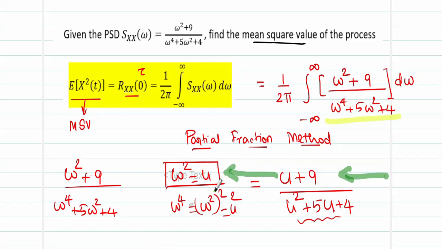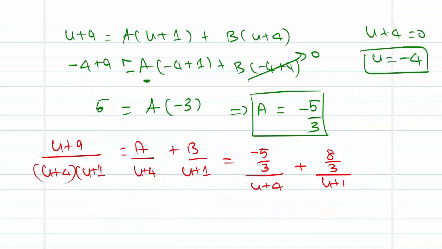What I need to apply furthermore here is to replace u with omega square wherever it appears. Let us go and do it. So this function will have my u replaced. I have this equal to minus 5 by 3 times 1 over (omega square plus 4) plus 8 by 3 times 1 over (omega square plus 1).